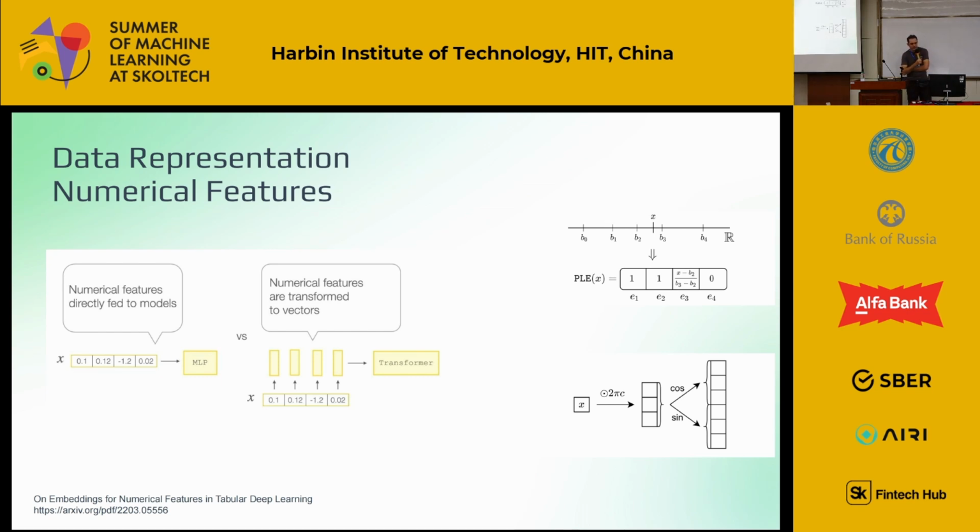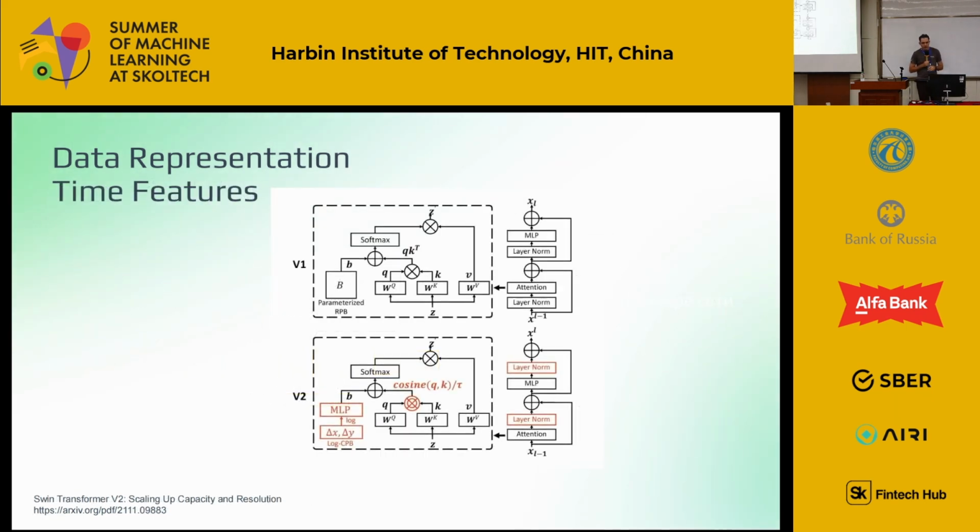The second way is piecewise linear encoding, which looks like binarization, but each bin has a linear dependency inside of it, and it provides more precise information about input data. And the last is the time features.